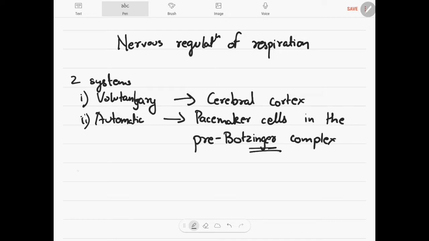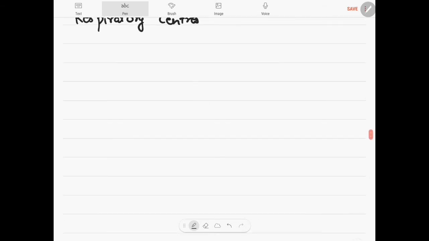So the respiratory centers. First is the medullary respiratory center.